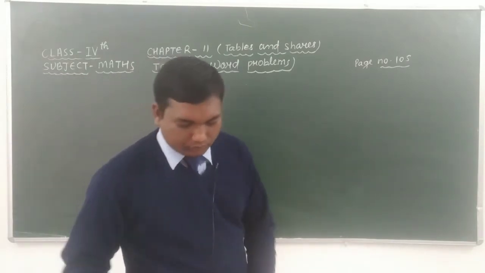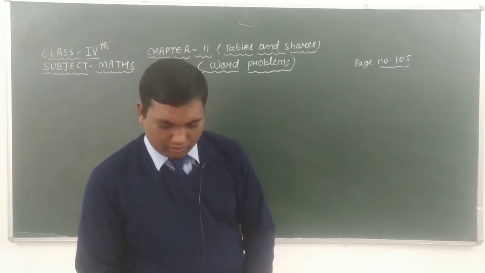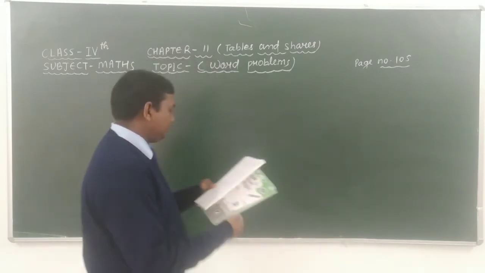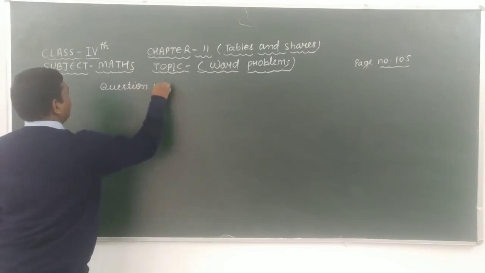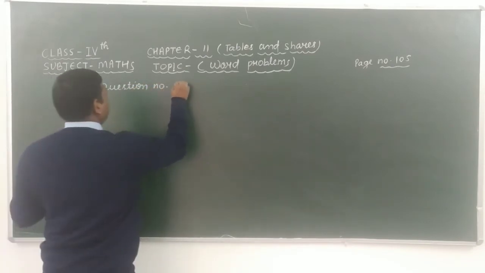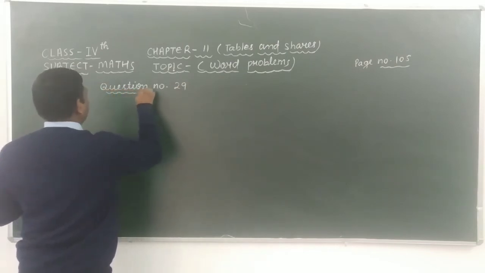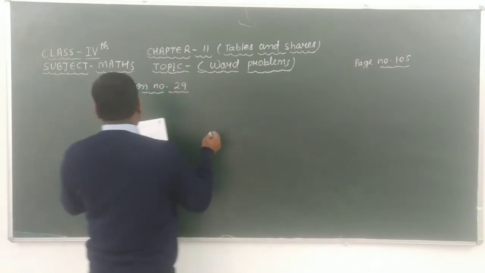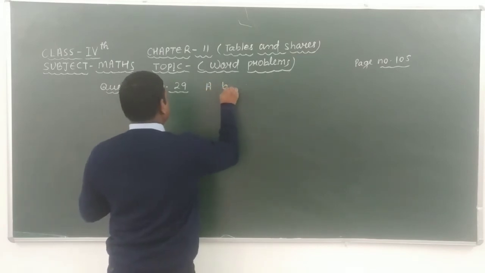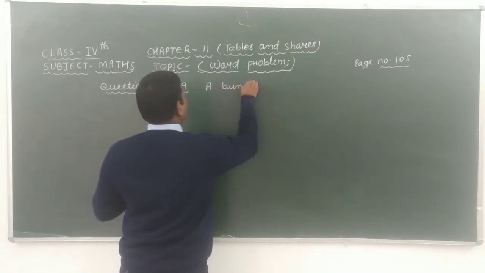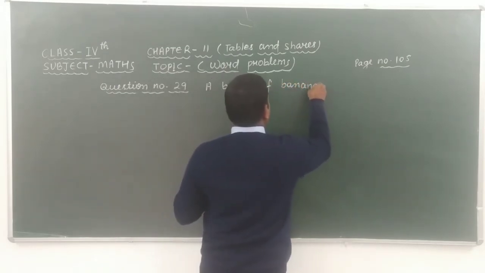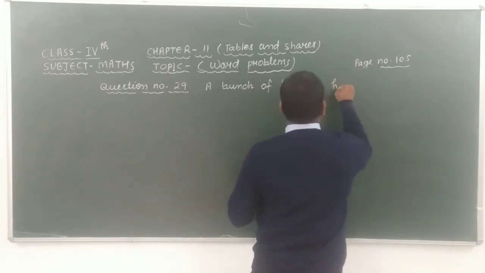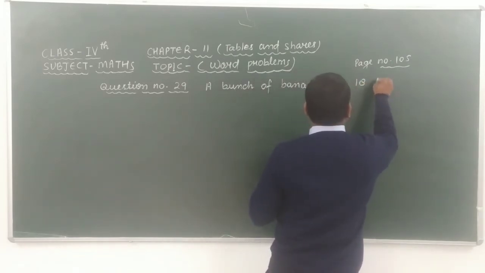Okay, now let's start question number 29. Question number 29 is, a bunch of bananas has 18 bananas.